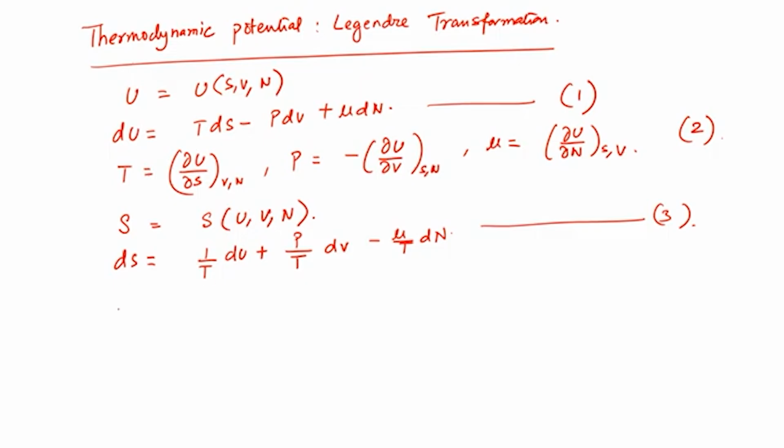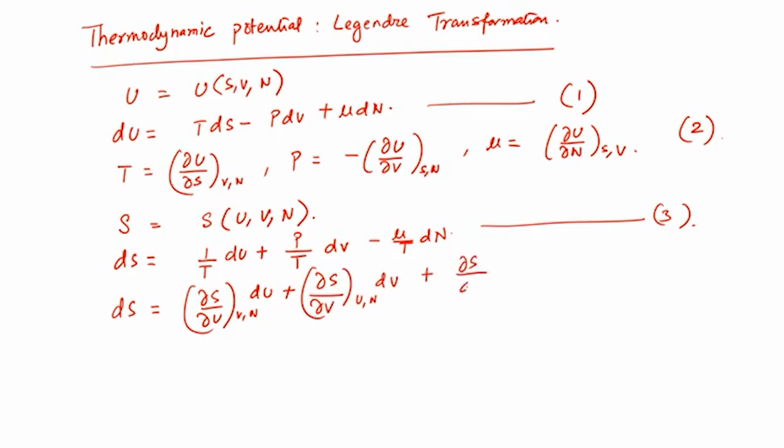Okay, let me write that down. So, there is a del S del U at constant V, N dU plus del S del V at constant U, N dV plus del S del N at constant U and V into dN, and compare with equation 3.